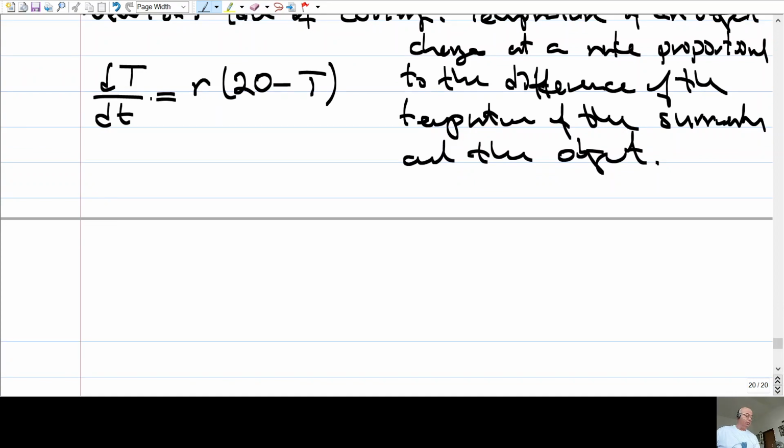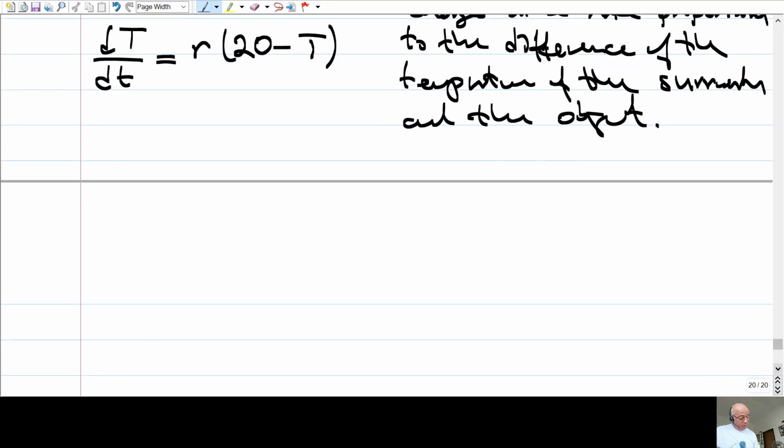So the temperature changes at a rate proportional to the difference of the temperatures of the surrounding and the object. Okay. Of course, this gives us what?